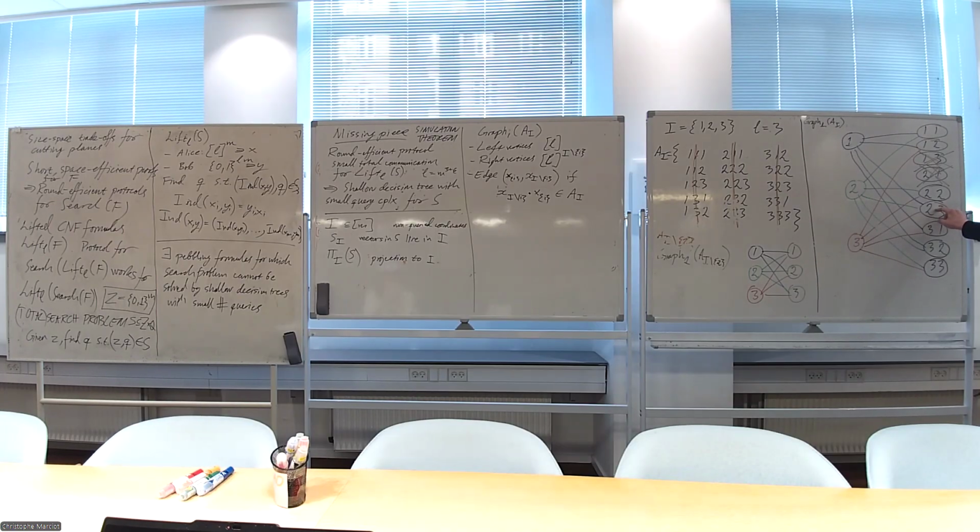Even in that case, I want there to be a lot of wiggle room with respect to what index Alice has in coordinate 1. How do I know if there's a lot of wiggle room? Well, the right degree, right? Here you see if Alice fixes the rest of her vector to 2, 3, then actually she could complete this to all possible coordinates. So this is a very good scenario.